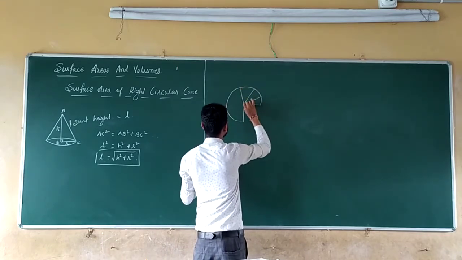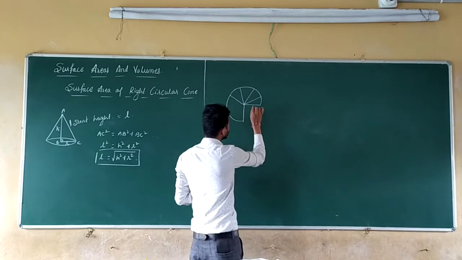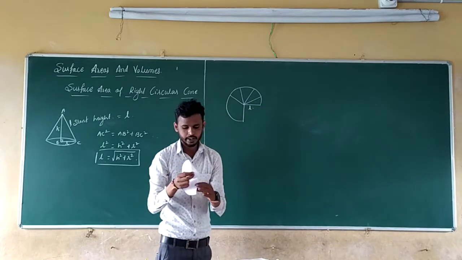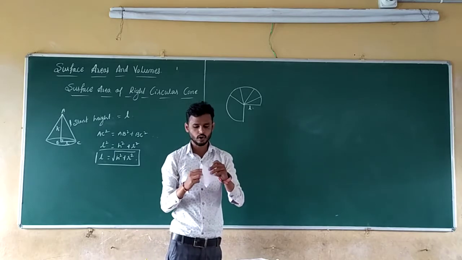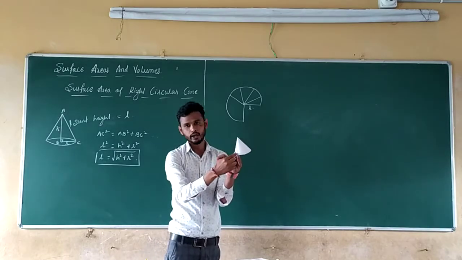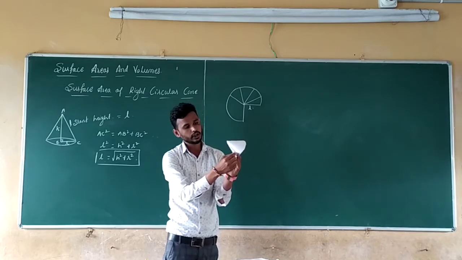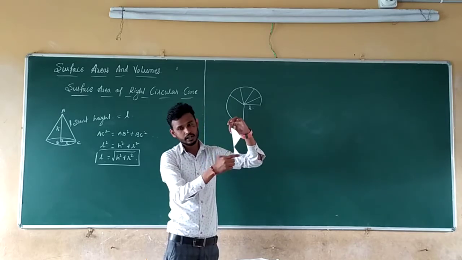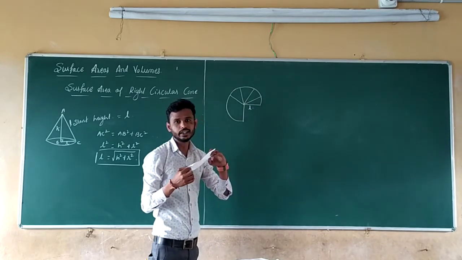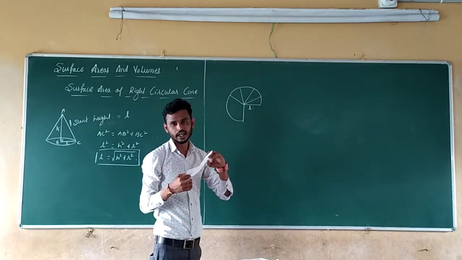Now let us divide this section into triangles. This will become L, because if you cut this cone, the cross height is the slant height. If you remove that, it will become this. That means it is L. L is the radius of the circle.